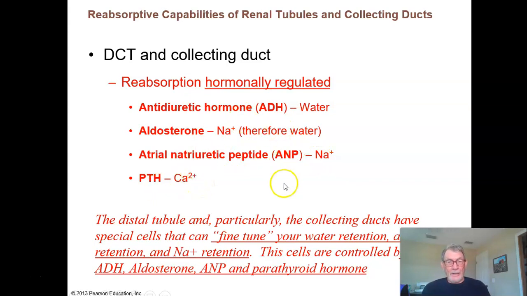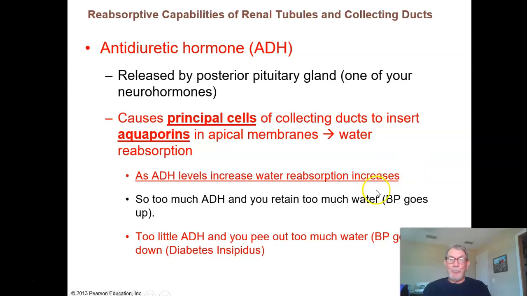So the collecting duct in particular has tons of these cells that are stimulated by these various hormones to fine-tune everything. You reabsorb most of everything in the proximal tubule, water in the descending limb, electrolytes in the ascending limb, and then you start fine-tuning based on your hormonal amounts.